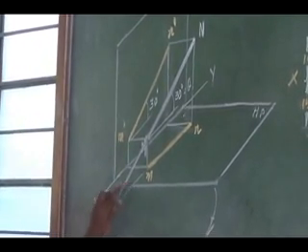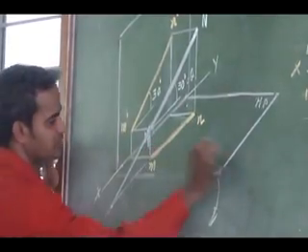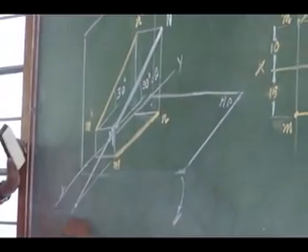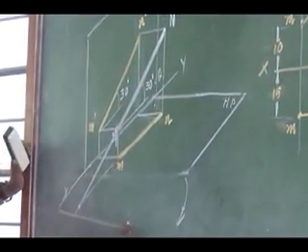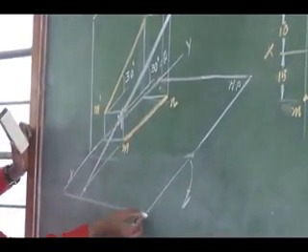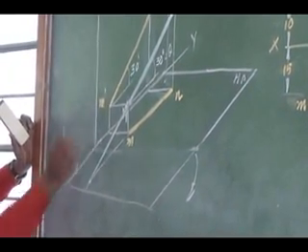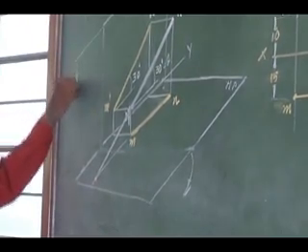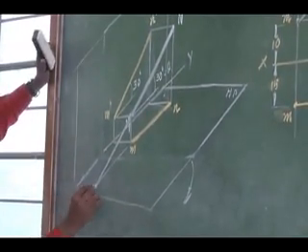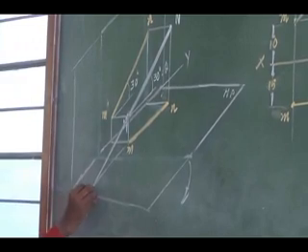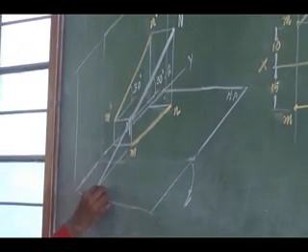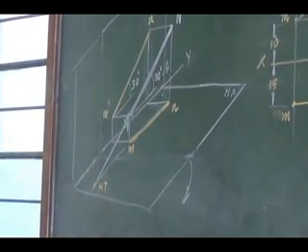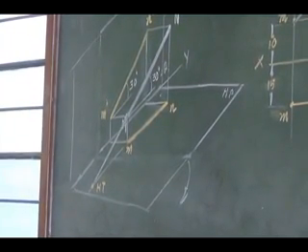This plane is a representation, I can extend this plane, where it intersects the horizontal plane. So this point is my trace. Since it intersects the horizontal plane, this is my horizontal trace. Right, it doesn't have a vertical trace at all.